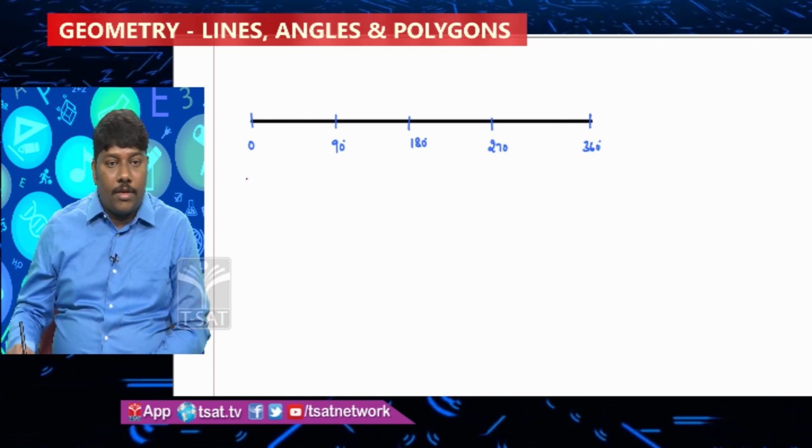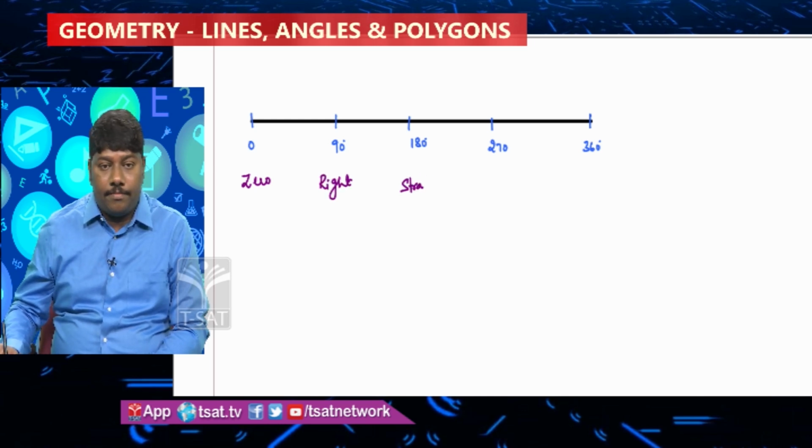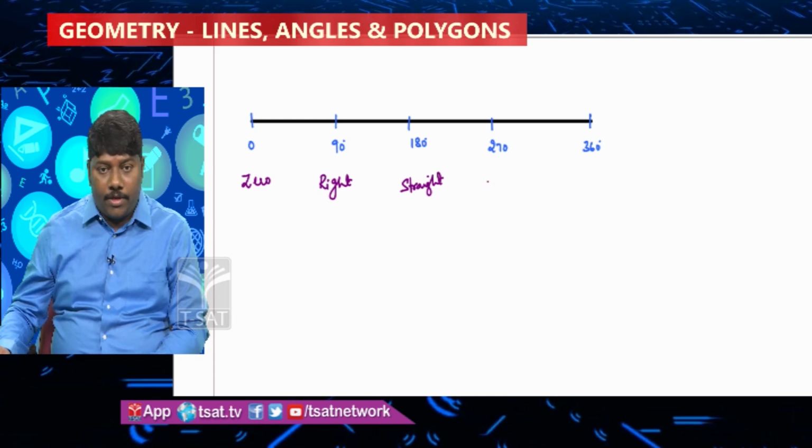First of all, you call it zero angle, this a right angle, and this we call a straight angle. Sometimes they will say the angle is 180, sometimes they say straight angle, sometimes they say 90, sometimes they say right angle. Here it is a reflex angle. 360 is called a complete angle.